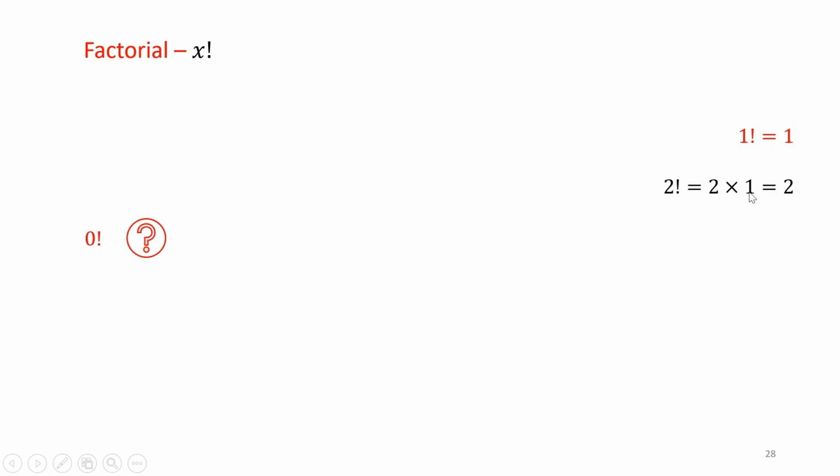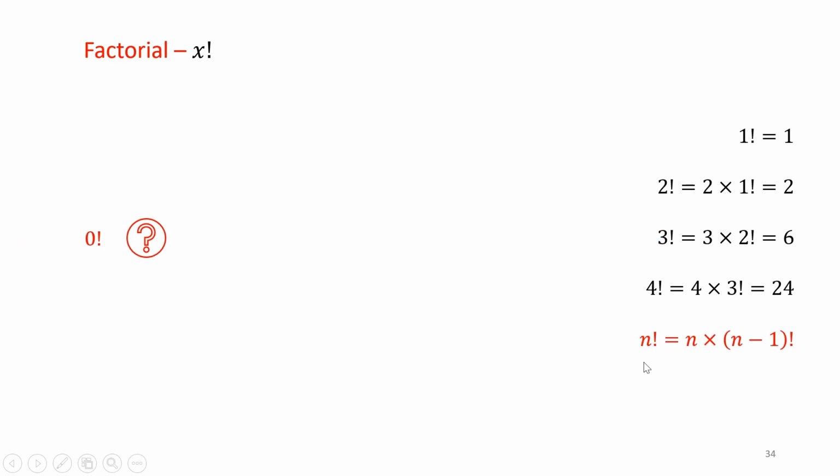And we realize we could replace this 1 over here with 1 factorial. 3 factorial is 3 times 2 times 1, which is 6, and 2 times 1 can be replaced with 2 factorial. Similarly, 4 factorial is 4 times 3 times 2 times 1, and we can replace all of this with 3 factorial. And what we see now is this closed form expression of n factorial, which is n times n minus 1 factorial.